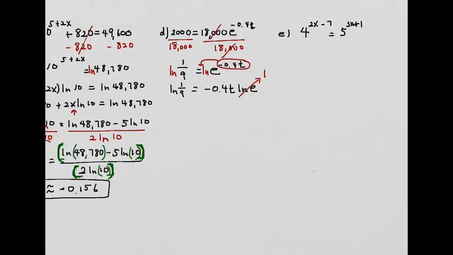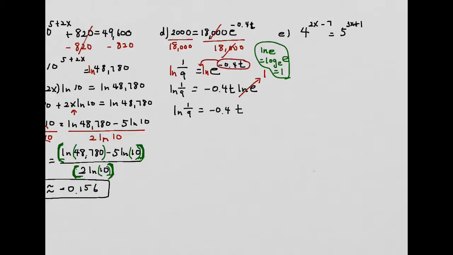We have natural logarithm of e is equal to log base e of e. And when the base and the argument are the same, we know that's equal to 1, right? So we should be able to get rid of ln e and replace it with 1. Then now I have natural logarithm of 1 over 9 equals negative 0.4t.